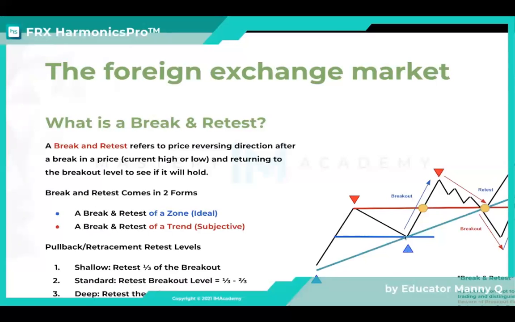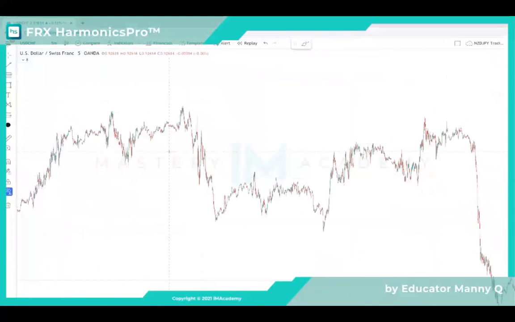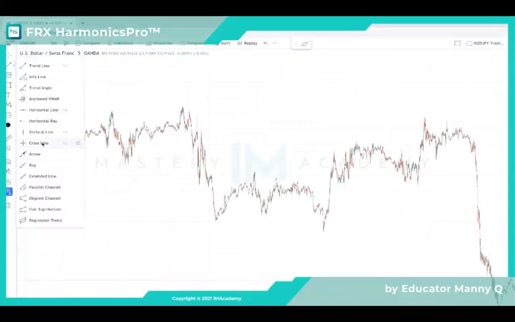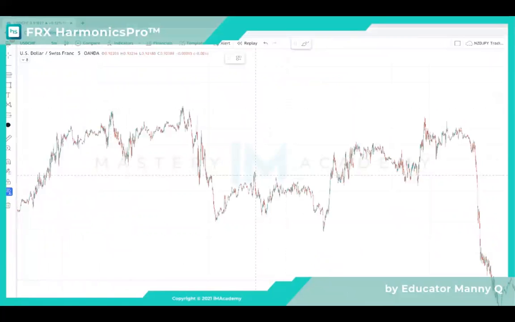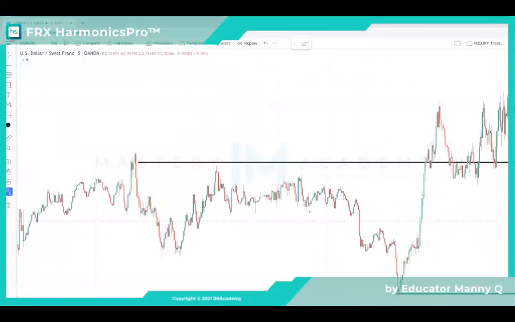Now, a breakout, again, as discussed, is when a price or a candle breaks and closes above the zone or the range's highest candle. Now, when the market breaks out of a previous zone, let's actually come right over here to the market. Let's remove these drawing tools. Okay, let's say this is the high and we have the low right over there.